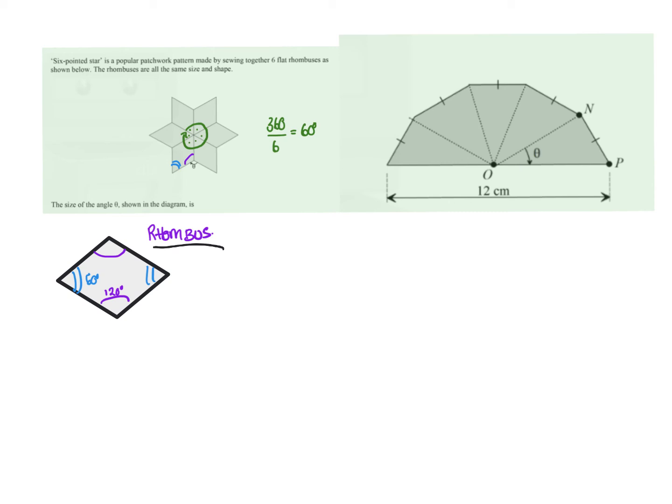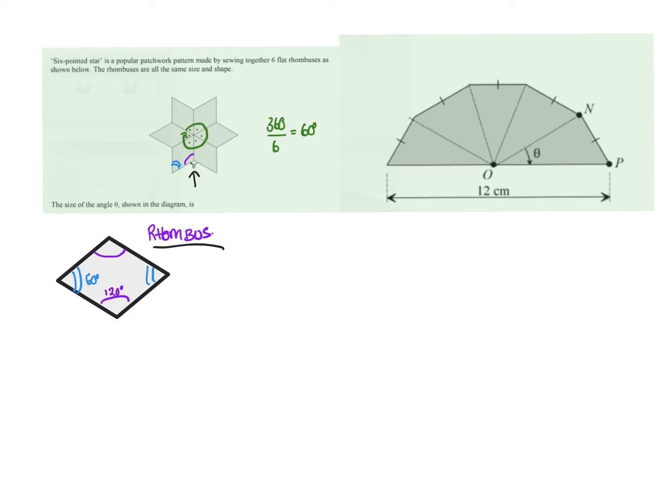They still add up to 360, but it's not quite a square, because sometimes the opposite angles are equal, not all 4 are the same. So it's shown here, and they want us to find this angle out here.